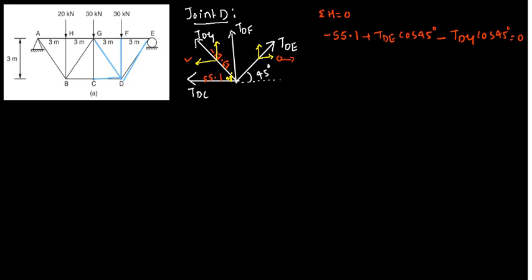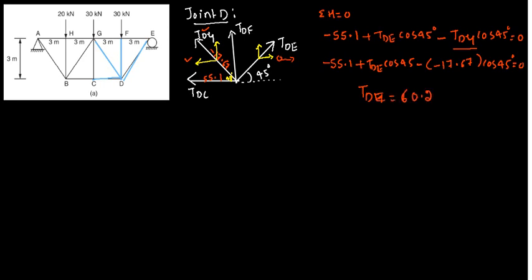We already have the TDG value, so we substitute: minus 55.1 plus TDE cos 45, minus TDG, minus of minus 17.67 into cos 45. We need to substitute in the entire equation. TDE is unknown now, so what is the TDE value we get?